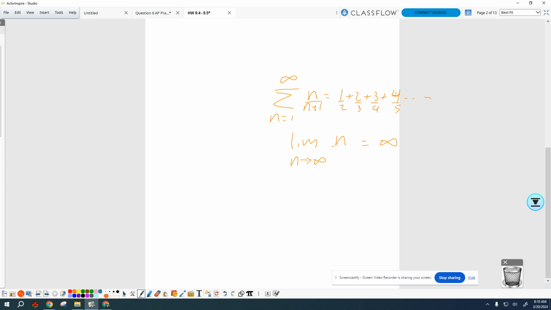This one, as n over n plus 1 goes to infinity, that nth term is only one, but it's forever adding one more thing. One more paper to grade. Oh my God, one more paper that never goes away. By the nth term test, you're never going to finish the grading ever, ever.